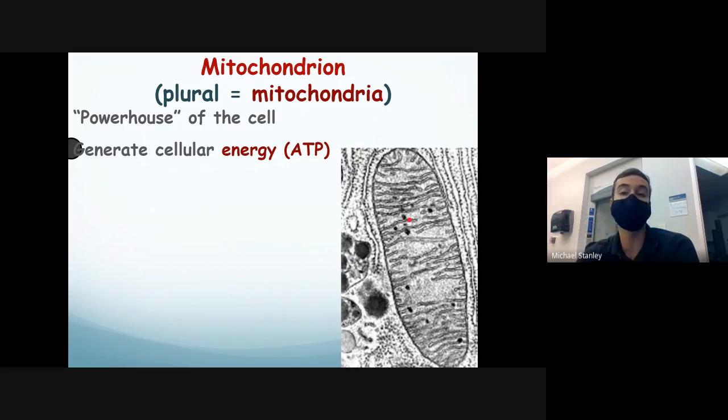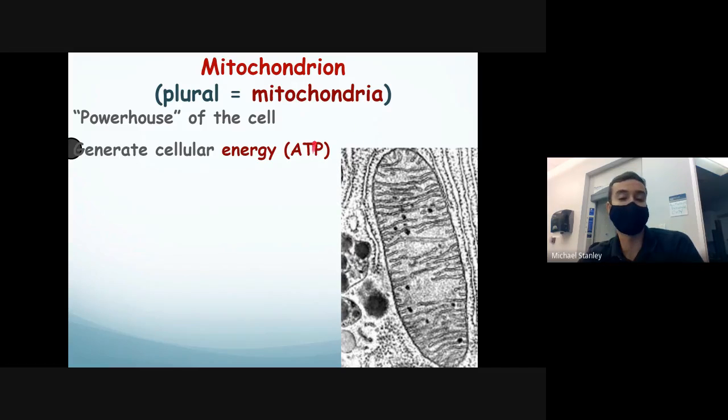They're taking in the food that you eat and the sugars that you're getting from your carbohydrates, and they're turning that into energy. Specifically, a type of cellular energy called ATP. ATP is like a high energy molecule that the cell uses in order to run, in order to function.